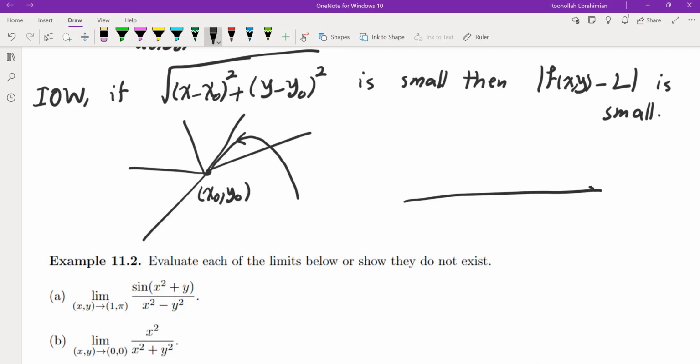In functions of one variable, if you're approaching x naught, you could either approach it from the right or from the left. There's only two possibilities. But in two dimensions, you can approach from any direction, any line through the point, or any parabola, or any function that goes through that point.